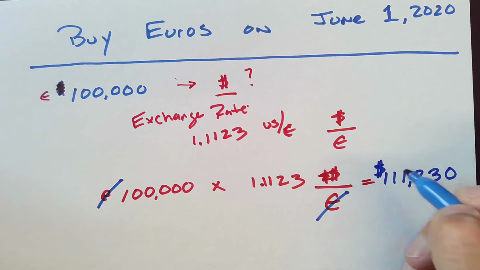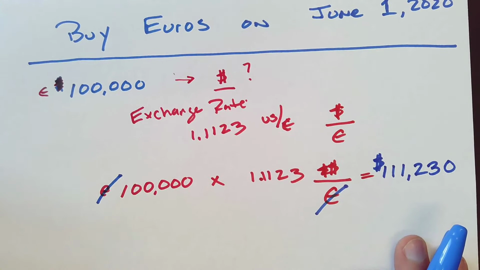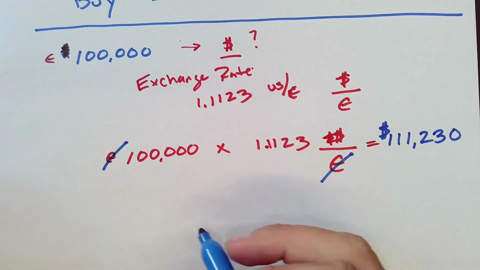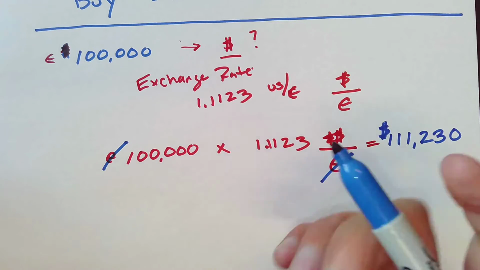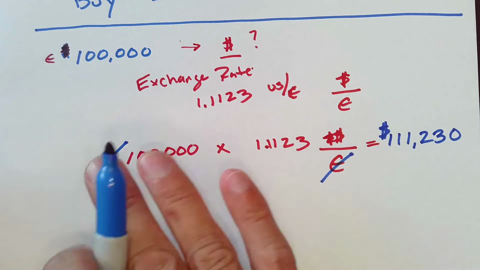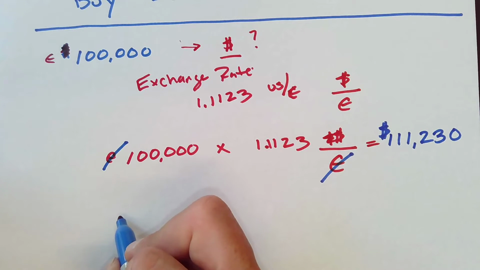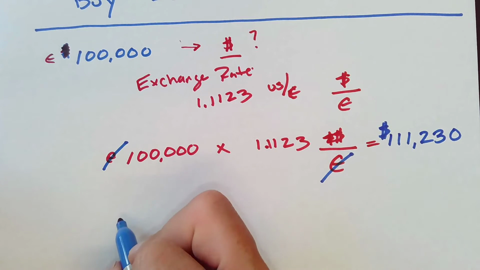Now in dollars. So when I record this transaction, I'm going to show cash, and I'll do some increases and decreases. I basically just took 111,000, and this is what it's going to look like.